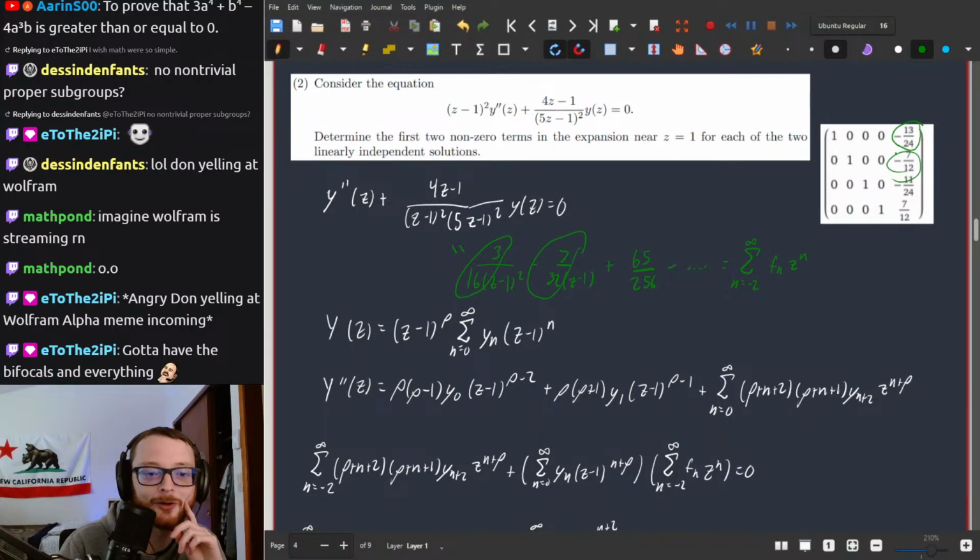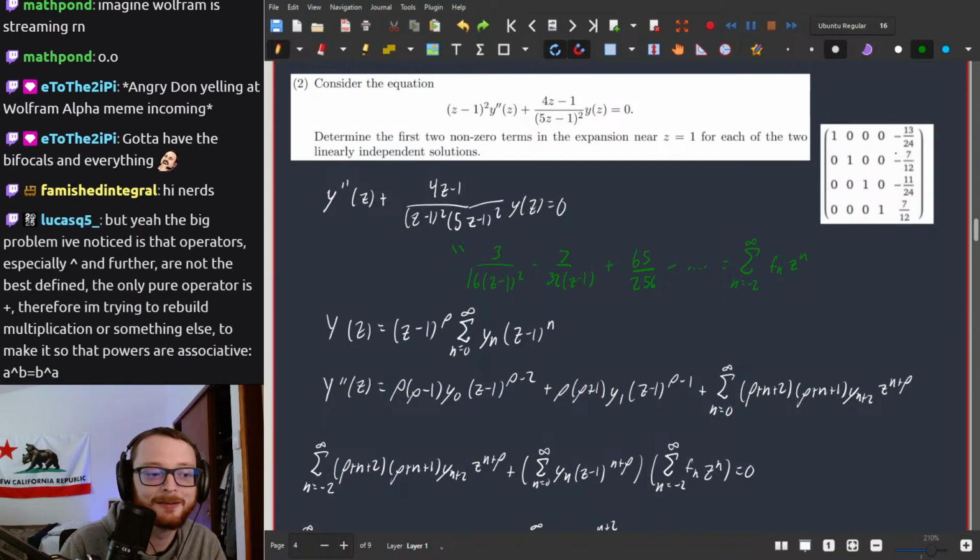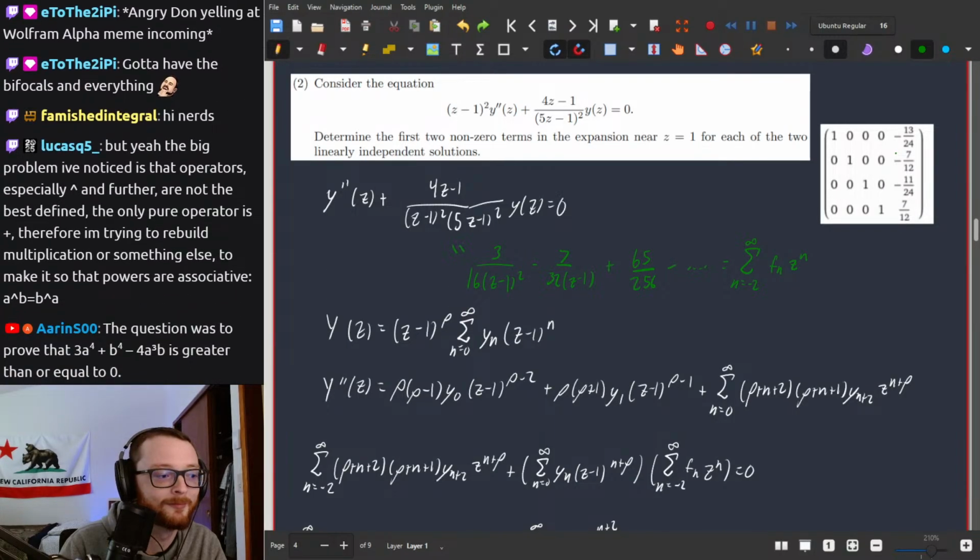It's annoyingly close. Shouldn't these... I must have made a mistake in the setup. I feel like this approach is fine.